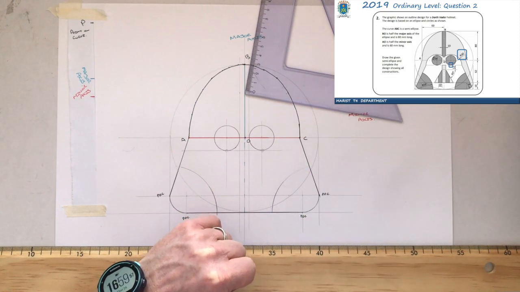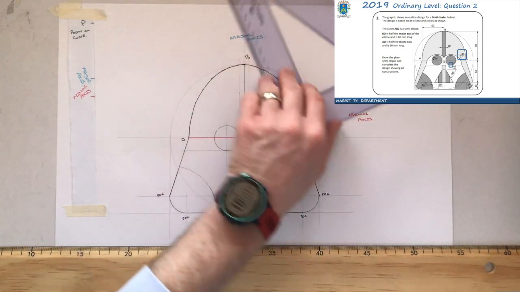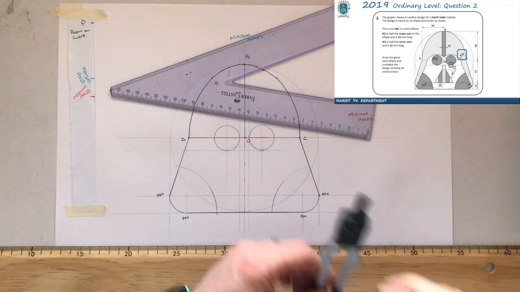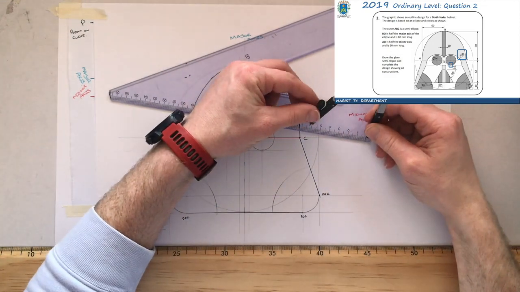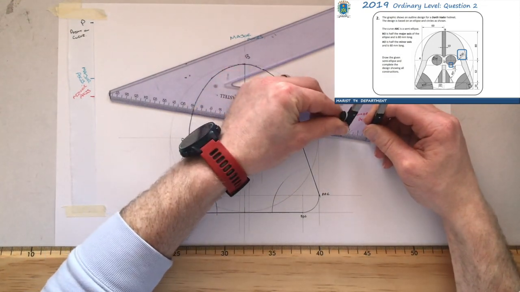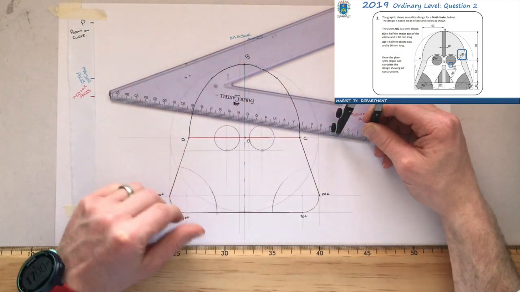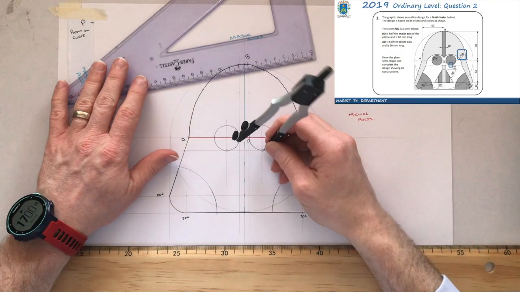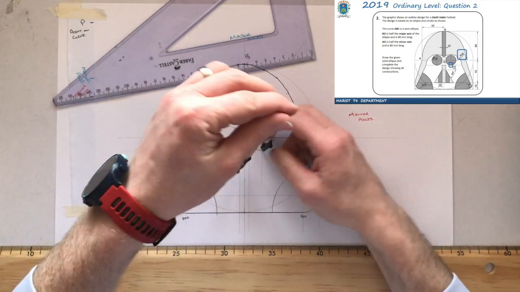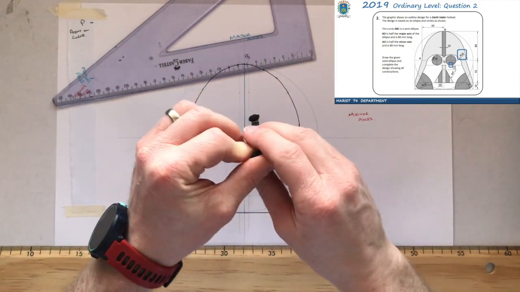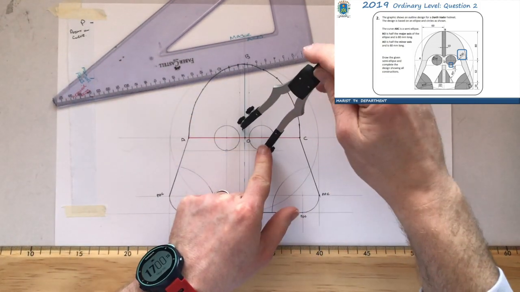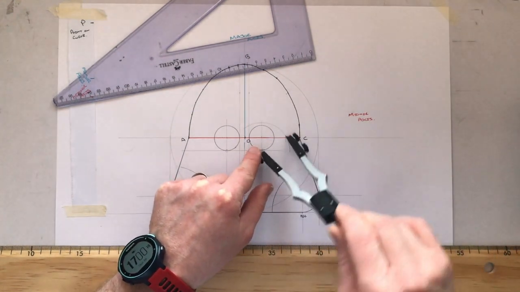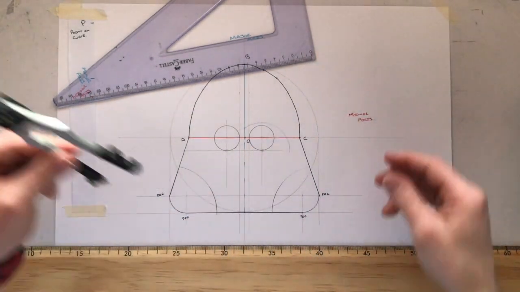We have to go from those 2 points, radius 30. So I'm going to open up my compass to radius 30. Okay. And I'm going to put down the point of my compass right at the bottom of the eye, and draw a curve all the way along. So where do I know it starts and stops?